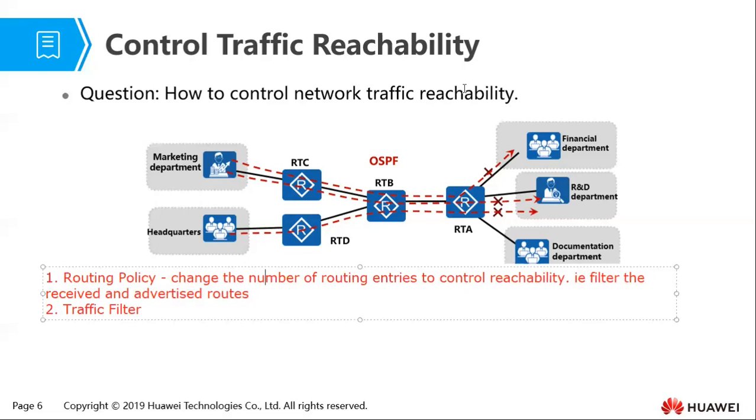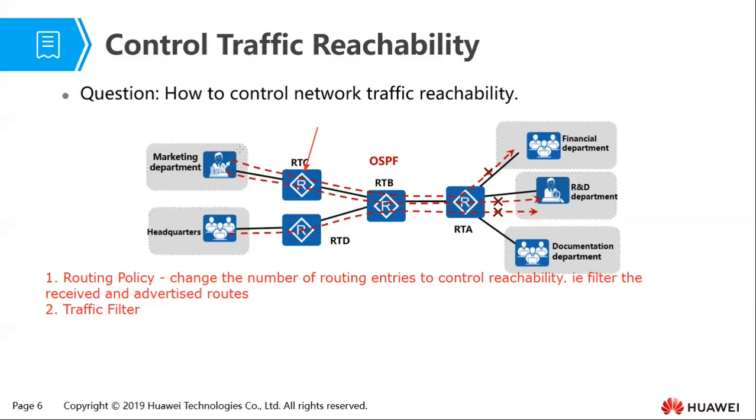Remember, for RTC to be able to send a packet to this guy, RTC must be aware of this network. How? It's going to be aware of that network through OSPF, because these routers are sharing their networks through OSPF.